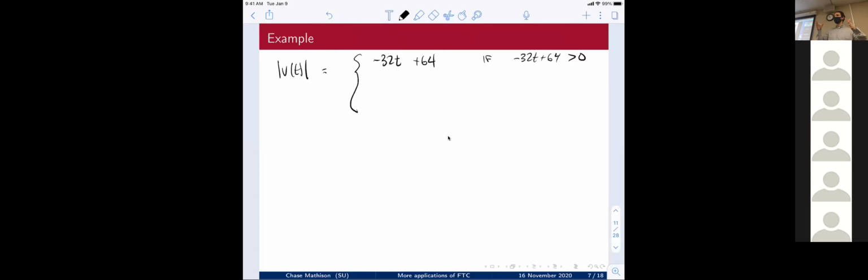The absolute value of a positive thing is just the thing itself. Okay? On the other hand, if negative 32t plus 64 is negative, then the absolute value of v of t is the negative of negative 32t plus 64. So I'll get 32t minus 64. So this is the negative of that top line. Okay. This is if negative 32t plus 64 is less than 0.